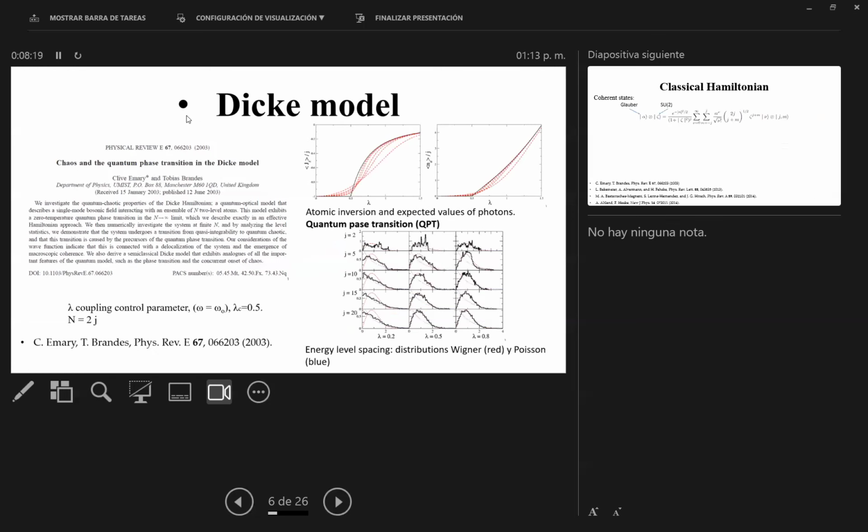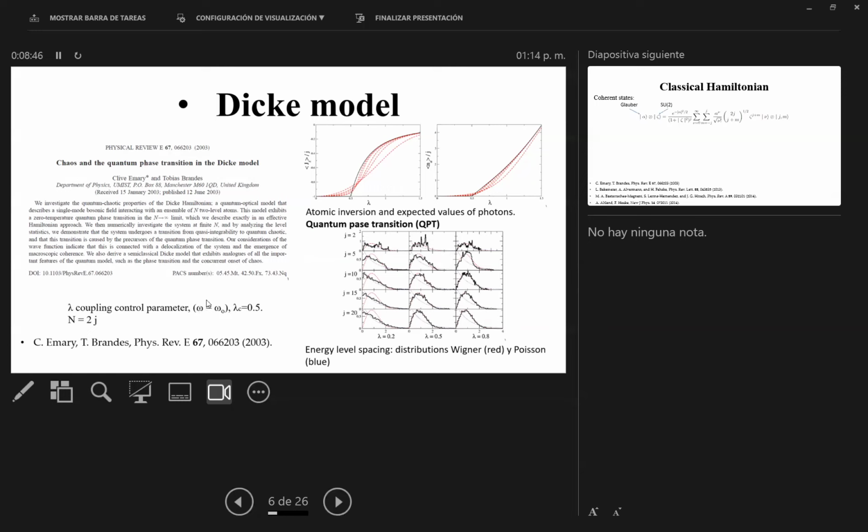Now, in this slide, I present basically the abstract that Emery and Brandes present in the previous paper that I showed. They say this is important because chaos and quantum phase transition are related. And in this paper, they use this lambda as a control parameter.